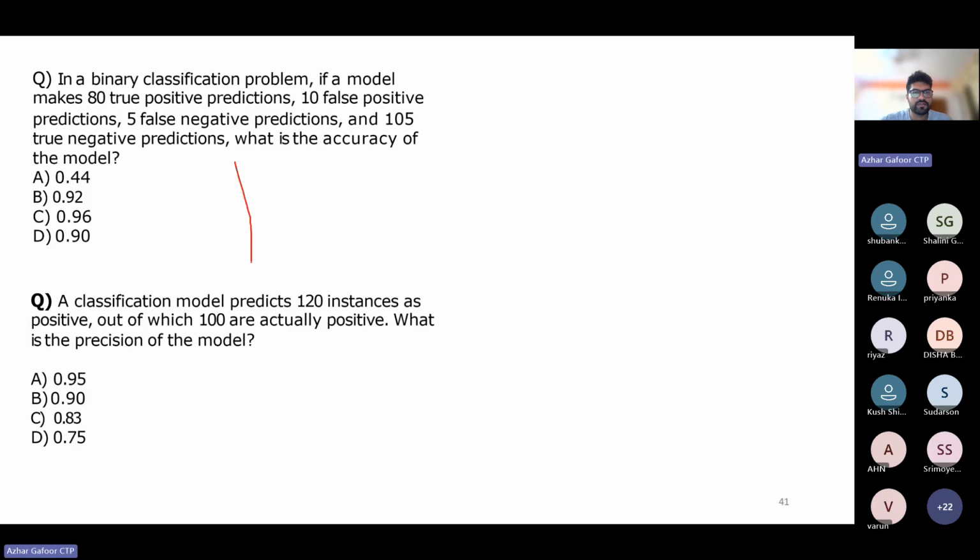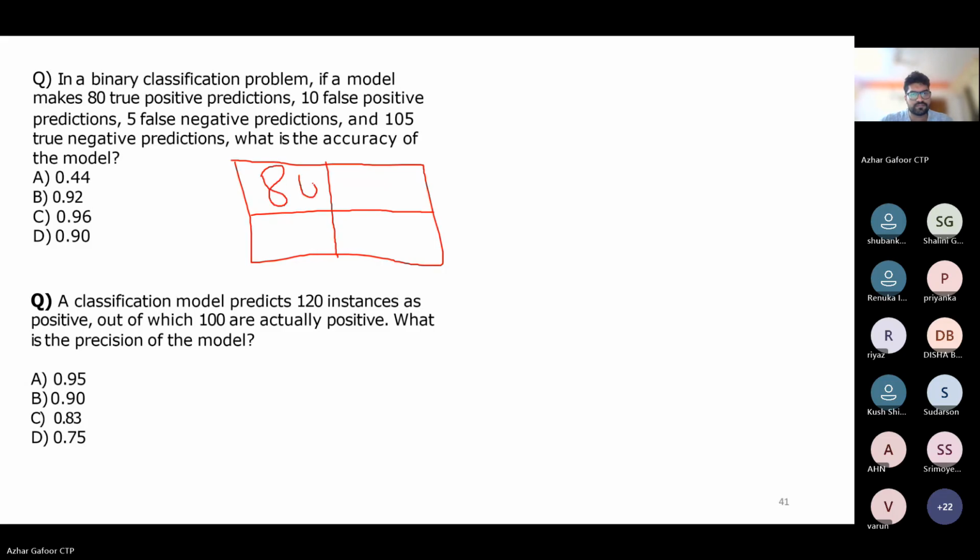Oh, our table. So we have 80 here. Then true negatives is 105.